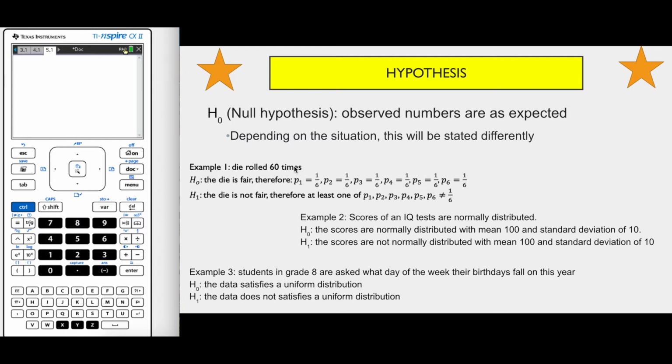So the die actually represented a uniform distribution, equal chance of happening for all of the outcomes. So this is a little bit different from the independence test, because notice that the null hypothesis is not always that something is independent. It's going to be very dependent on the situation we're in. But all in all, our observed data is going to follow whatever is expected.